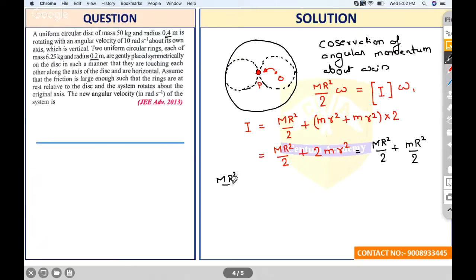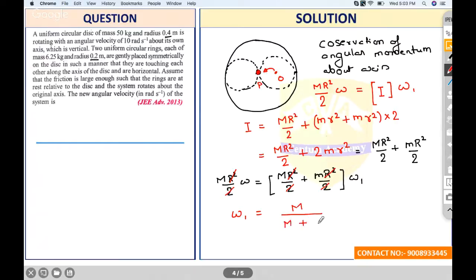So M r square by 2 into omega is equal to capital M r square by 2 plus small m r square by 2 into omega 1. You can see that r square will get cancelled, even the 2 will get cancelled. So you will get omega 1 equal to capital M divided by capital M plus small m times omega.